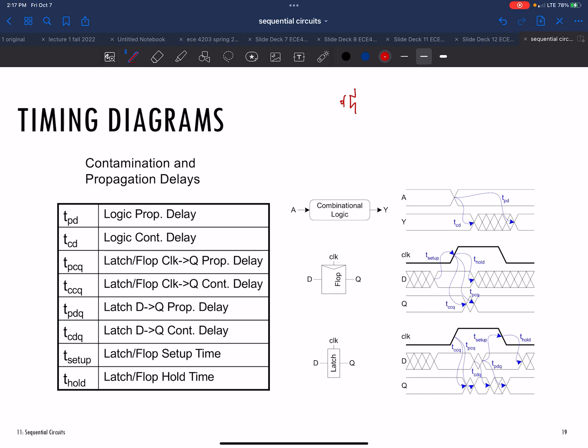Okay, for a second I'm going to talk about combinational logic. And let's take a NAND gate, which is as simple as you get. A, B, out, VDD.